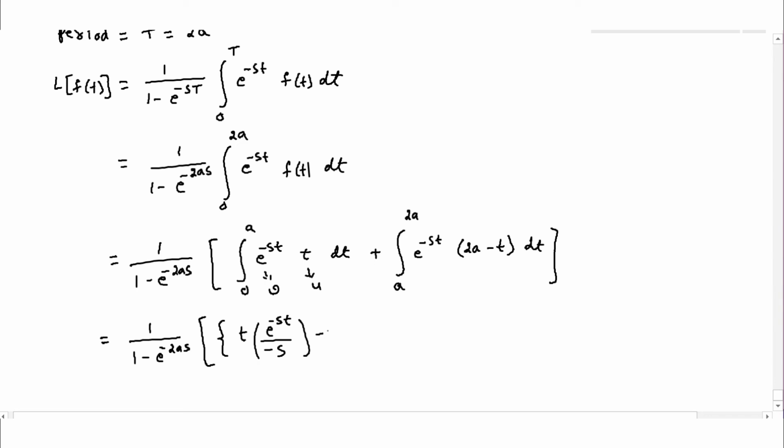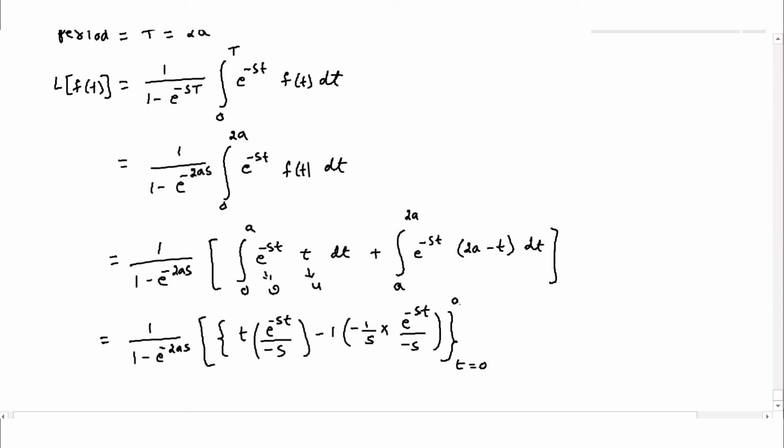Differentiation of t with respect to t will be 1. So minus 1 by s is a constant outside. Integration of e power of minus st will be e power of minus st divided by minus of s. So just use the Bernoulli's rule and evaluate the first integral. Limit values for t will be 0 to a.